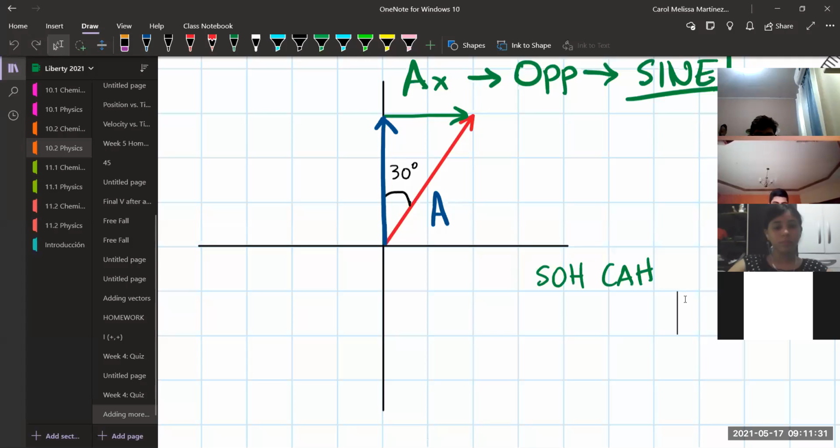This is what I want you to see. That not always x is cosine, not always y is sine. We care about the position of the angle. The angle there tells you that the opposite side is not the y component, it is actually x.